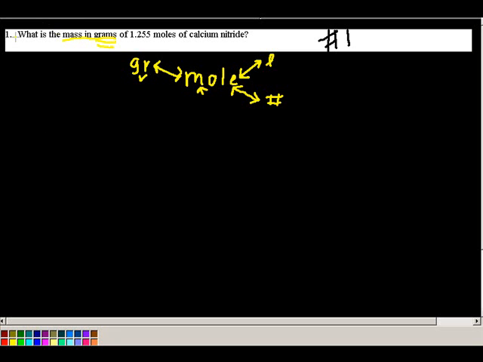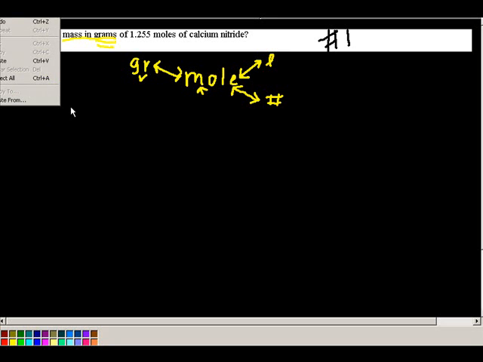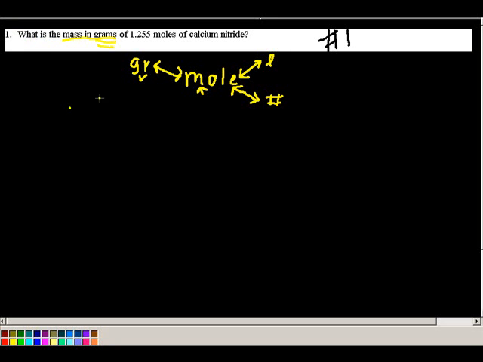And so calcium nitride is Ca3N2. And what we're asking is, what is the weight if I have 1 mole worth of these molecules?